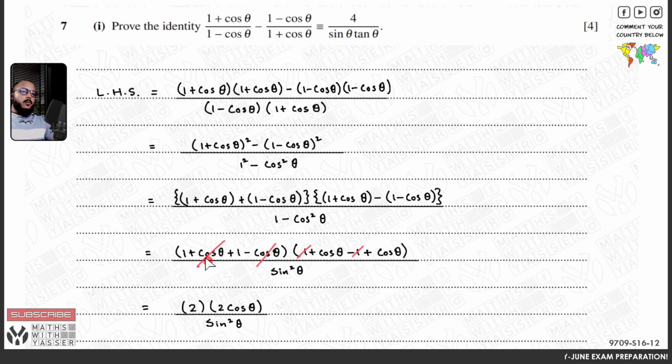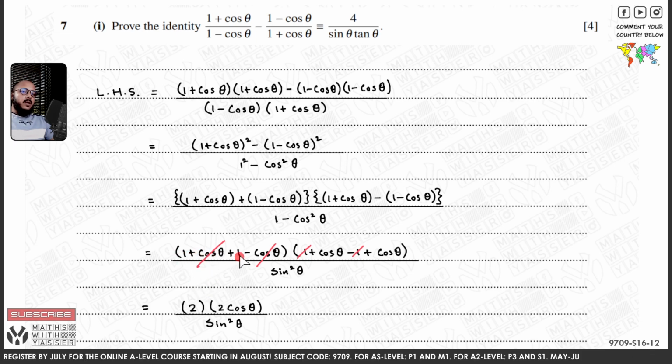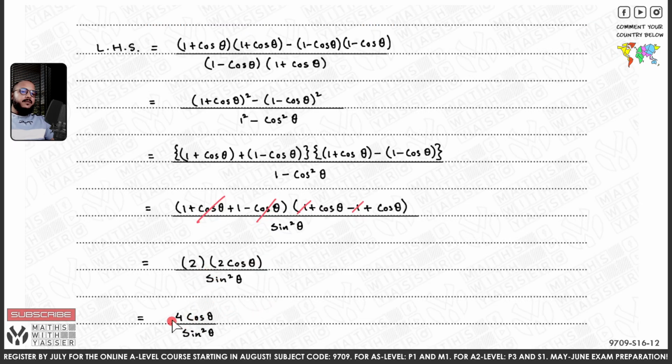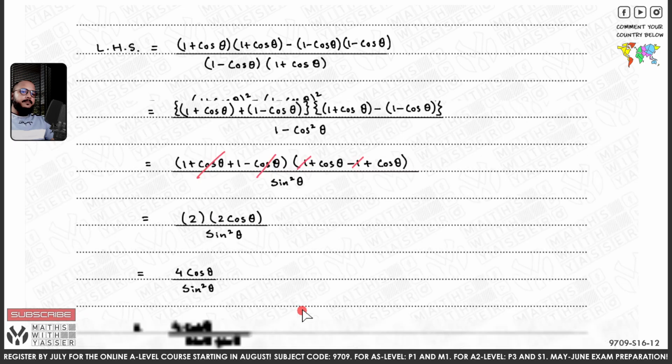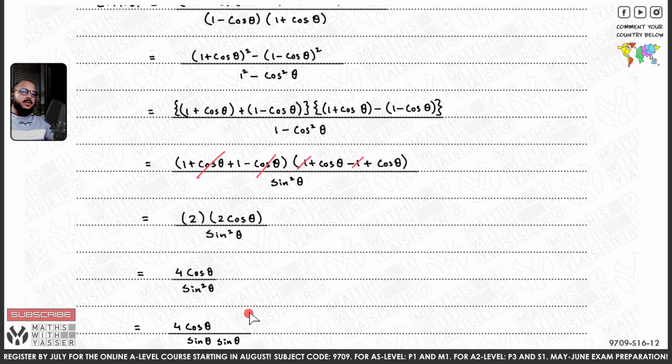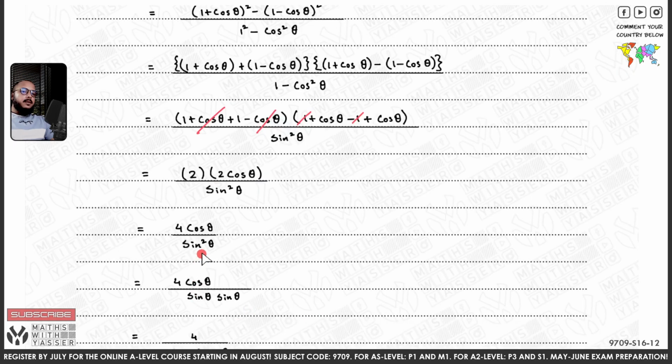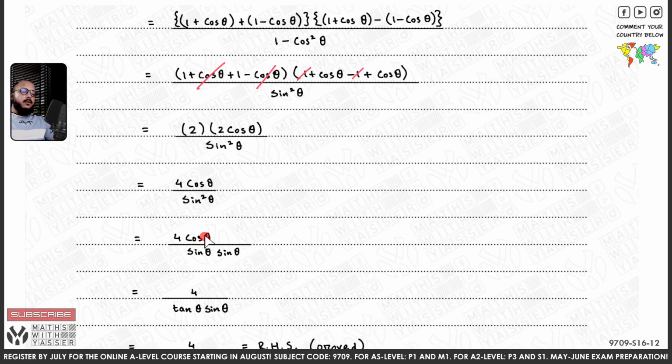So we are left with 1 plus 1, which is 2, and this one will be cos theta plus cos theta, which is 2 cos theta, over sine squared theta, which gives us 4 cos theta over sine squared theta. We can say 4 cos theta over sine squared theta can be written as sine theta and cos theta by sine theta.